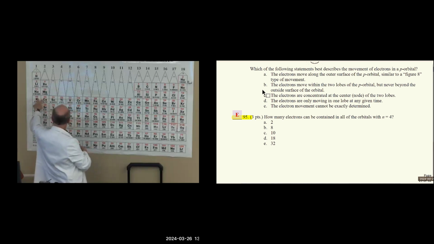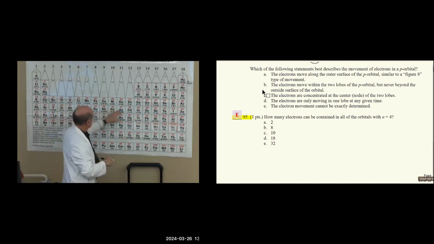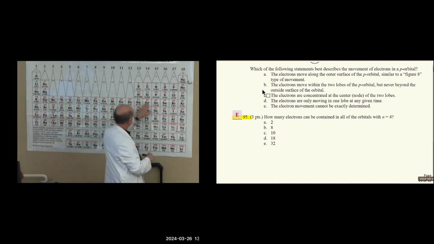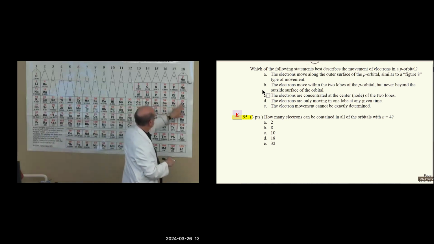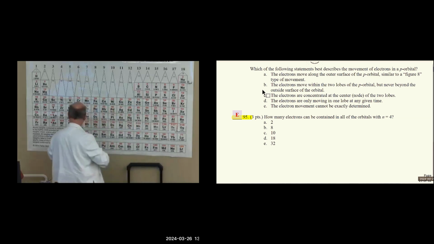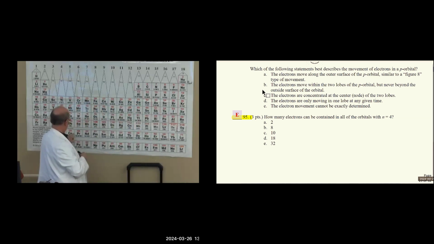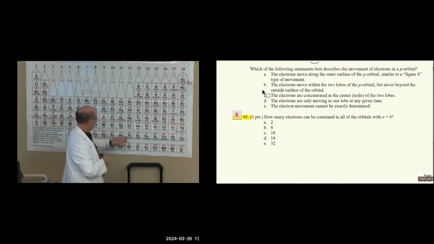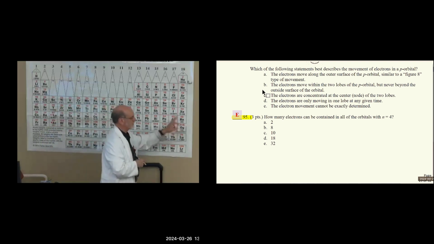If n equals 4, we have these, we have these. Well, 13, 14, 15, 16, 18. And where did the other 14 go? Oh, 4F. 1, 2, 3, 4, 5, 6, 7, 8, 9, 10, 11, 12, 13, 14. There we go.